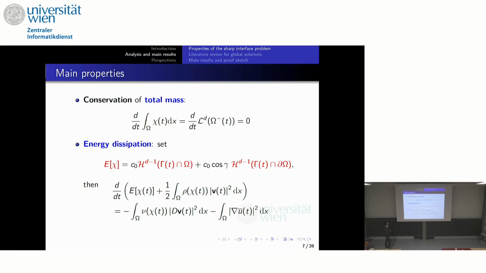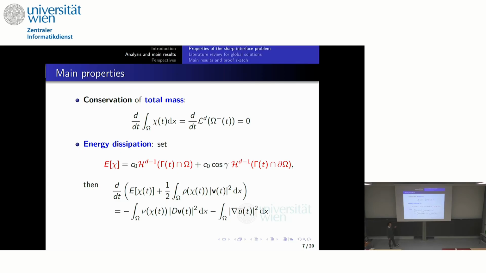Of course, it preserves the mass, and without the velocity, Mullins-Sekerka has to be considered a gradient flow. Here we have a modified problem, where the energy dissipation, which I wrote here formally as an identity, also includes the kinetic energy and the dissipation due to the stress tensor of the fluid.